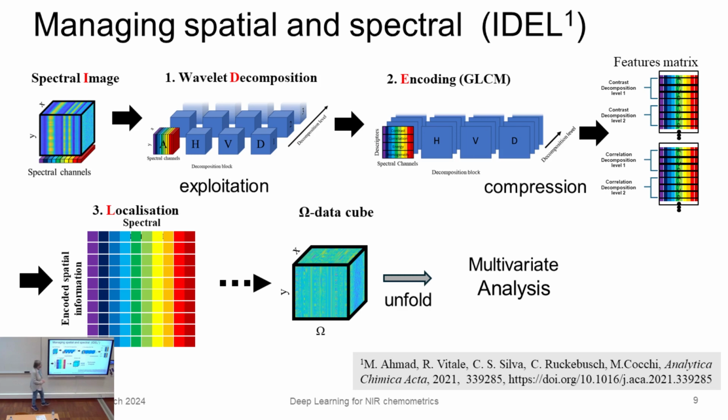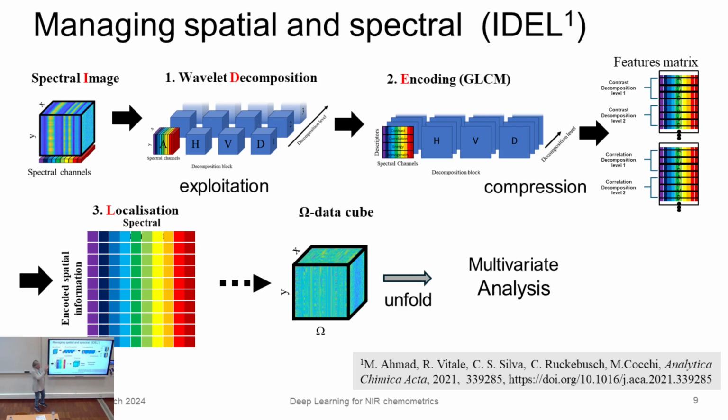We call this encoding, but actually it's a compression by extracting features, by gray level co-occurrence matrices. Then we use PCA on this compressed data to select only the most important descriptors, the most important features.